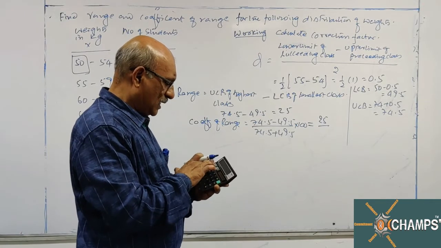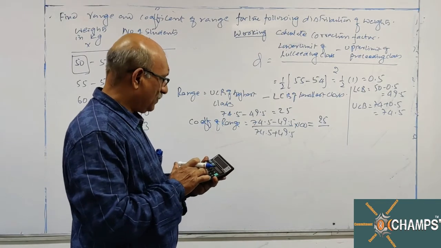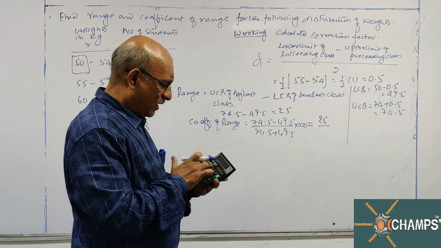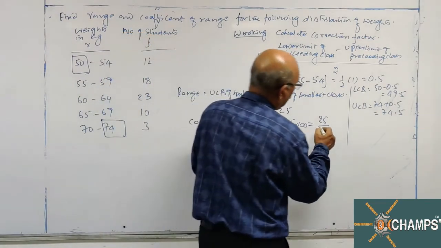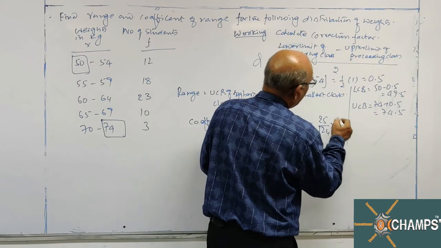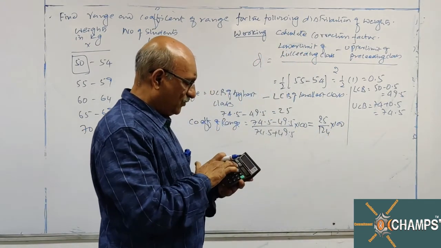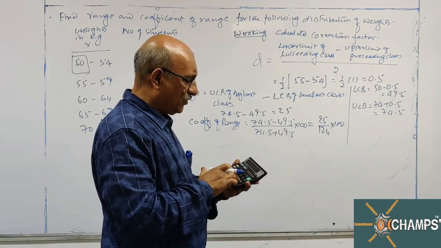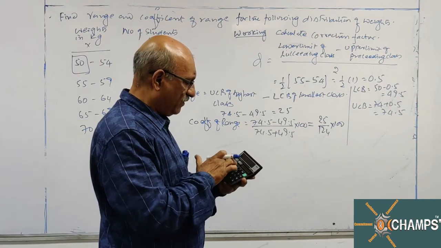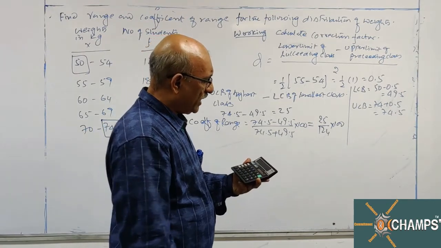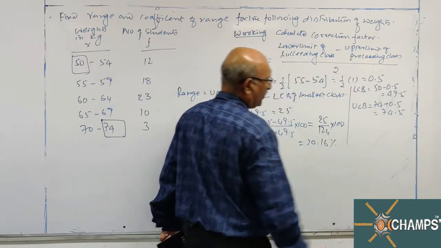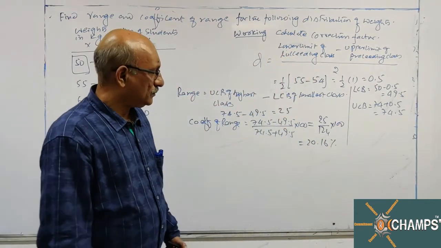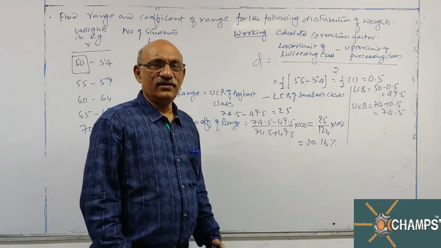Denominator 74.5 plus 49.5, 124. So 25 into 100 divided by 124 is 20.16%. That is the variation in weights.